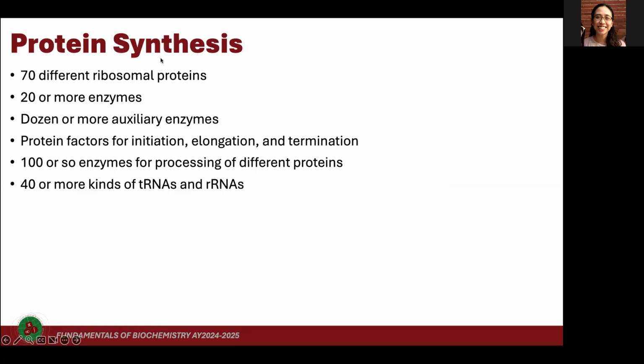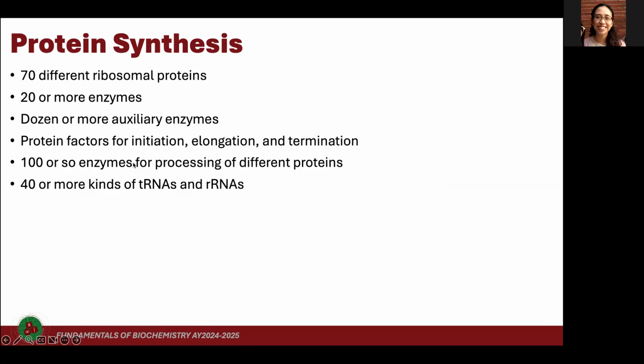So when we talk about protein synthesis, there are 70 different ribosomal proteins involved in this process, 20 or more enzymes, a dozen or more auxiliary enzymes. And of course, just like what we learned in DNA replication and transcription, there are also protein factors involved in the initiation, elongation, and termination of protein synthesis.